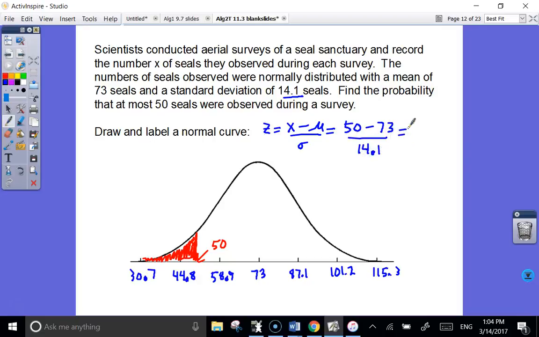So you calculate it. And Kristen, what'd you get? Negative 1.6. Okay, that's the first step. So calculate a z-score.